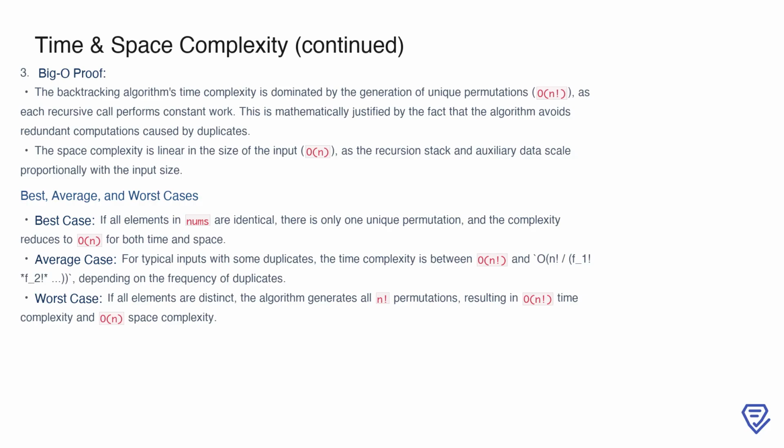In the worst case, with all elements distinct, the algorithm generates all n! permutations, leading to O(n!) time complexity and O(n) space complexity. This provides a comprehensive view of the algorithm's efficiency across varying input scenarios.